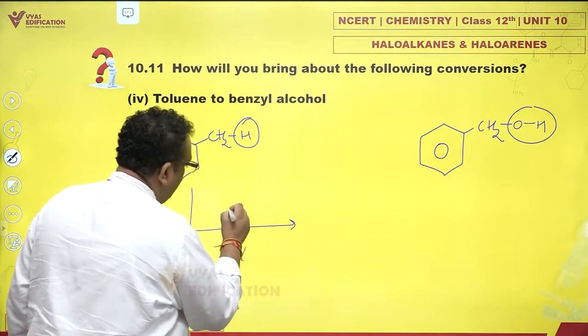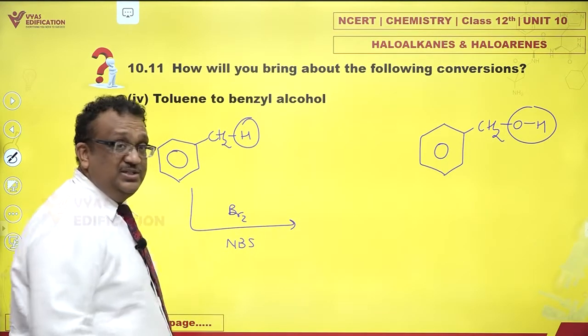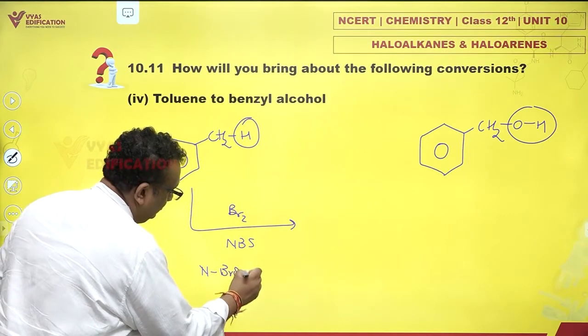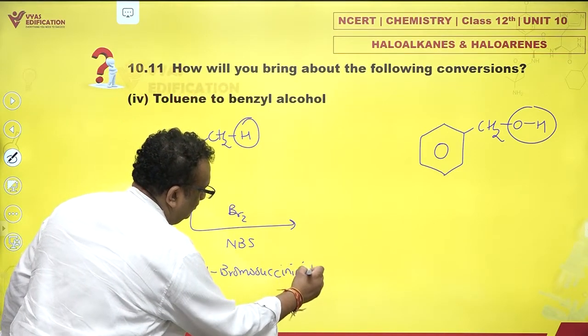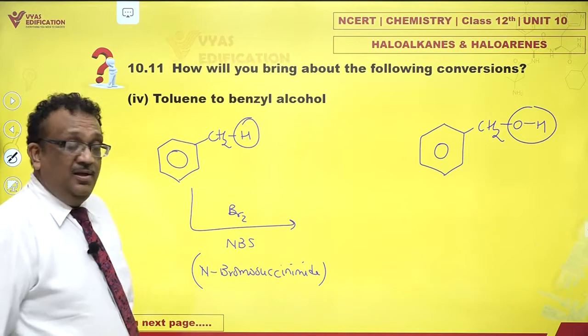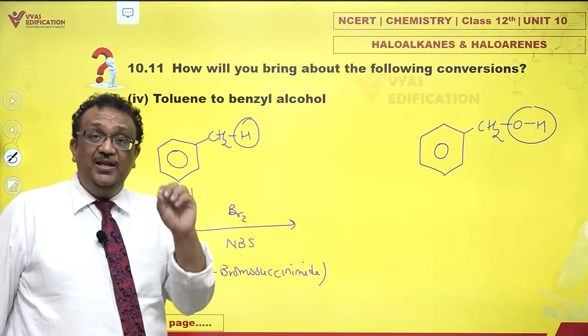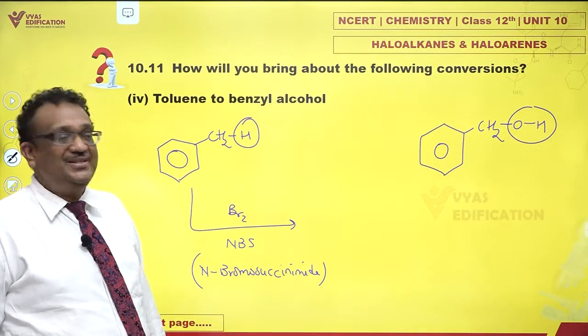What do you do? You use bromine with NBS. NBS is N-bromosuccinimide. And when you carry out this reaction, bromine is selectively substituted at allylic or benzylic positions.